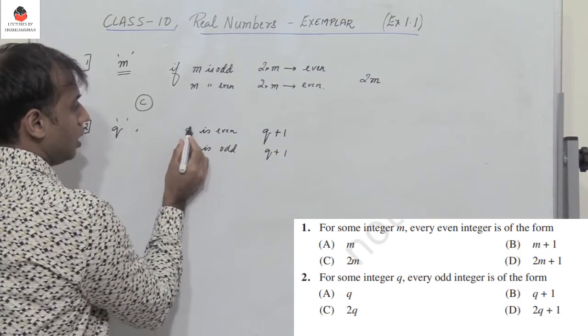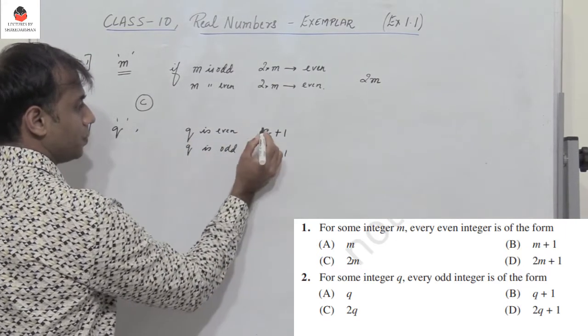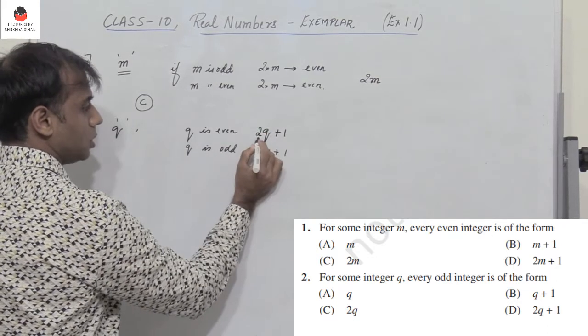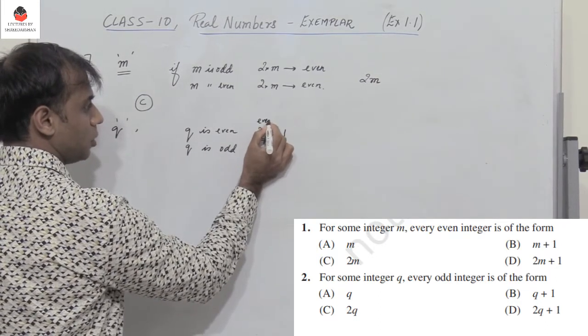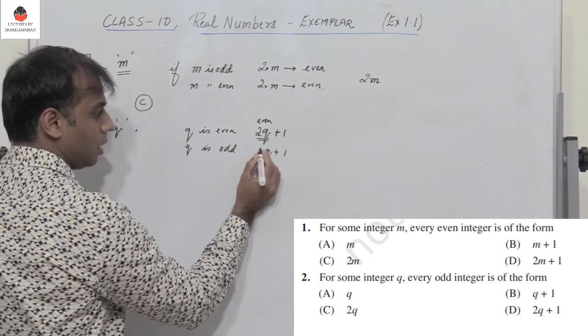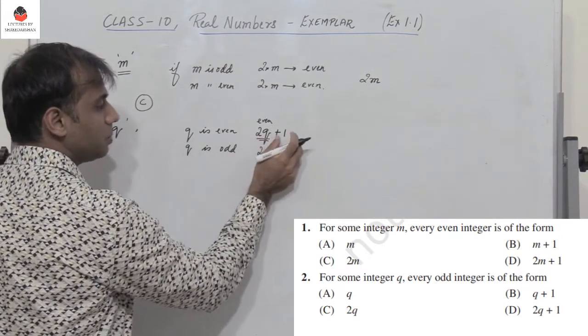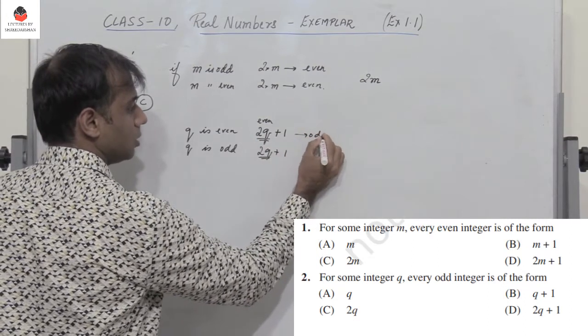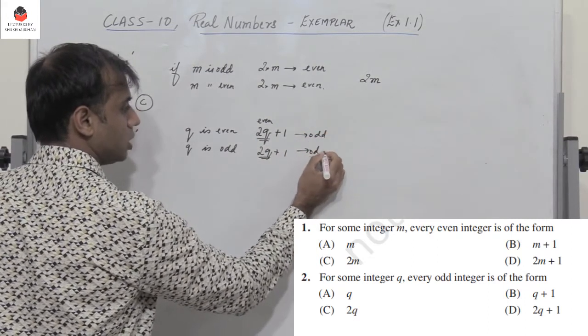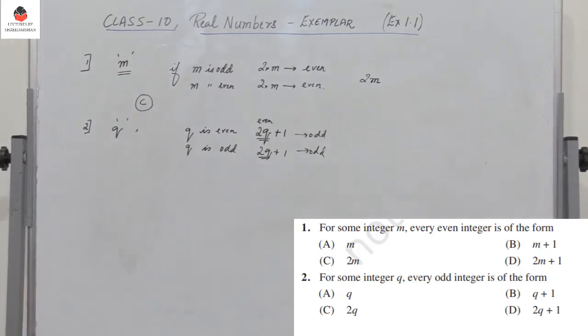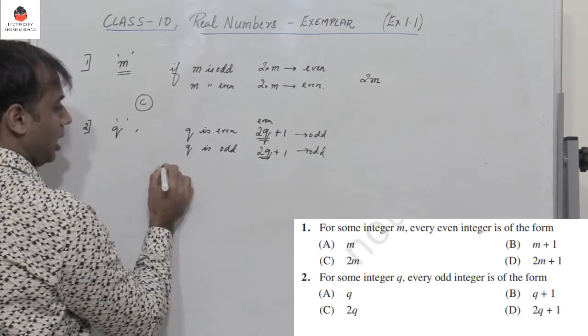So now I have the number q. So let me consider 2q. Now 2q is always even, as we have already seen in the previous problem. An even number plus 1 will always be odd. So therefore the general form will be 2q plus 1. So the right option is D.